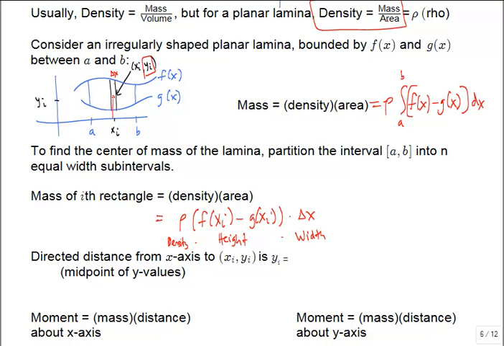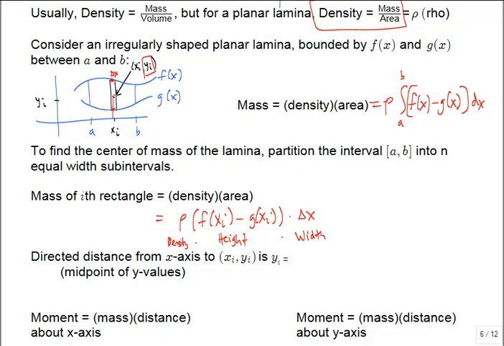Now, how could we calculate what that center point is? Well, it's determined by this top point and this bottom point down here, which are our f of x sub i and our g of x sub i. What you'll notice is that center point right there is the average of these two top and bottom points. And how do you find an average in mathematics? You add them up and you divide by 2.